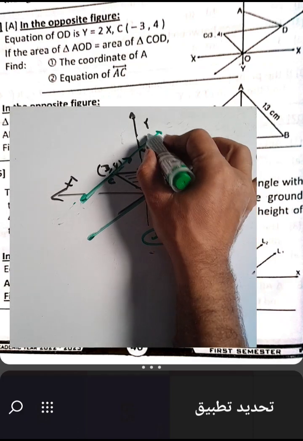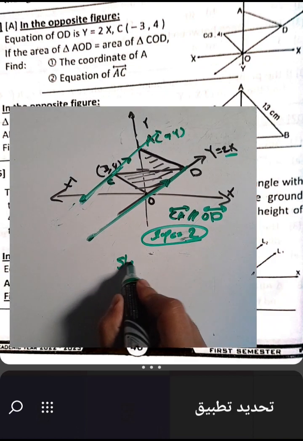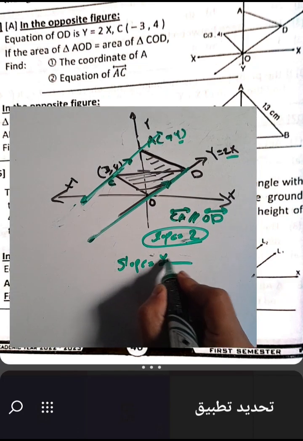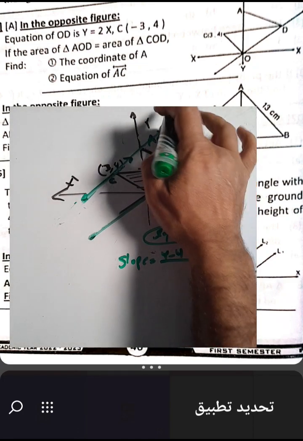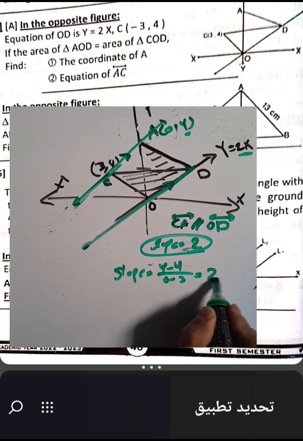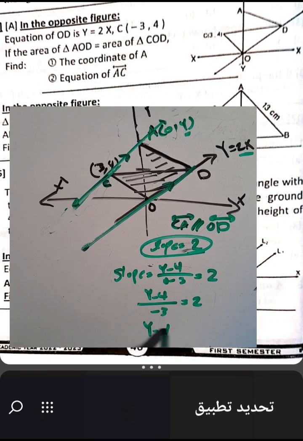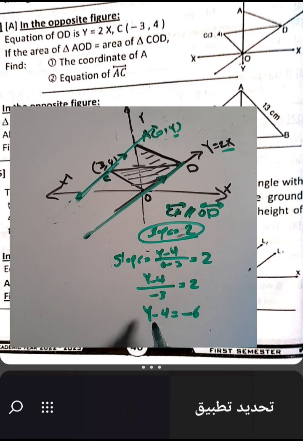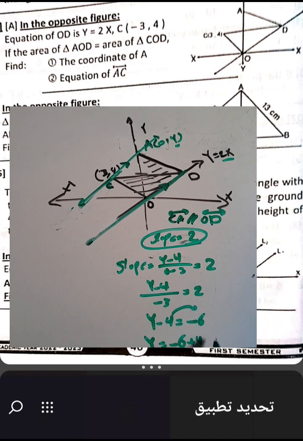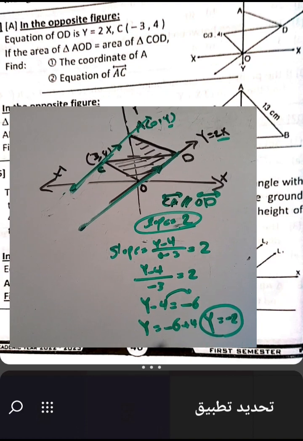The point A here I will take as 0 and y, and we can find the slope equal to y2 minus y1 over x2 minus x1: y minus 4 over 0 minus 3, which is y minus 4 over negative 3, equals 2. Then y minus 4 equals negative 6, and moving negative 4 to the right-hand side, negative 6 plus 4, then y equals negative 2.